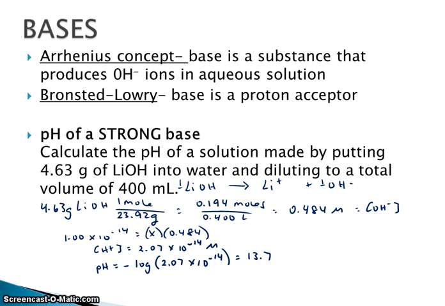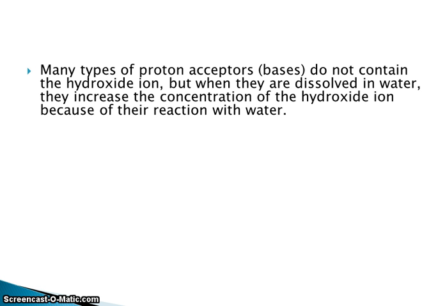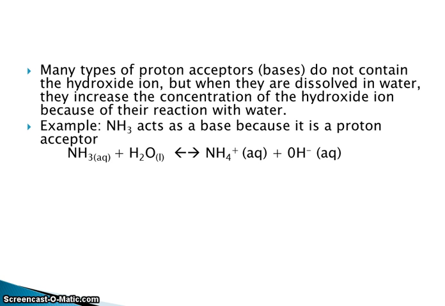Now, let's look at weak bases. It says many types of proton acceptors, or bases, do not contain hydroxide ions, so they're a little bit harder to recognize. But when they dissolve in water, they increase the concentration of hydroxide ions because they react with the water. So if we look at an example, ammonia is a base in water.